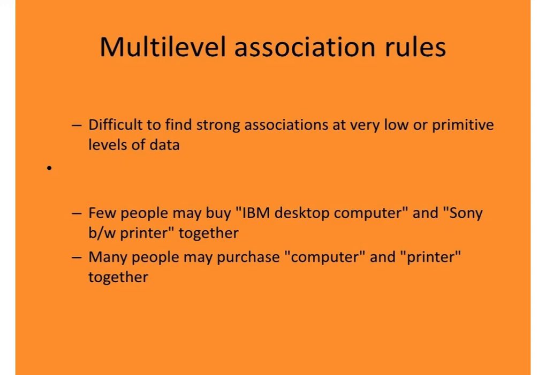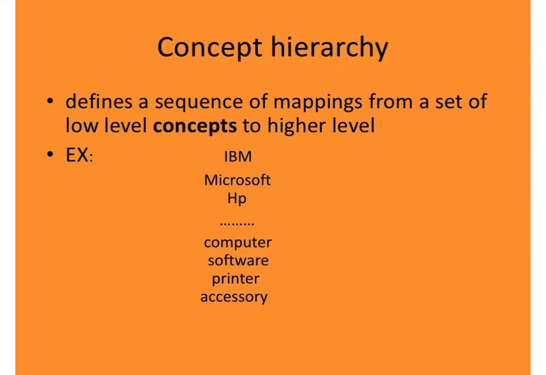Let's take a look at the concept hierarchy. This defines a sequence, basically mapping lower level concepts to higher level ones. Here, the example we have is IBM, the hardware, moving down to software, and moving down to probably a printer, right? And later on moving down to accessories.